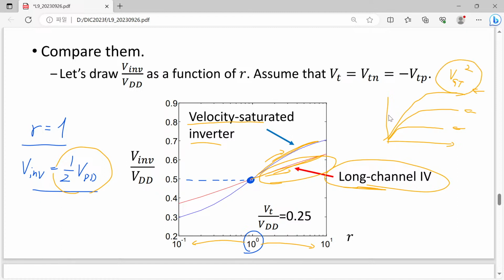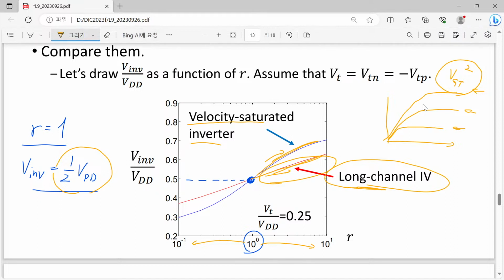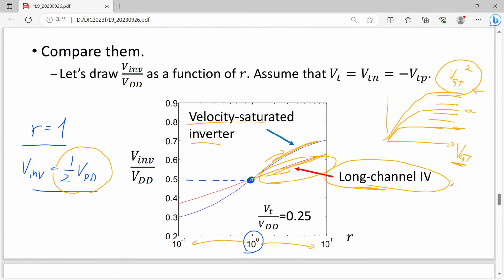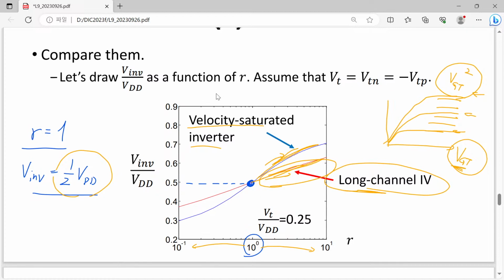And in the case of our short channel MOSFET, that difference was just constant, and they showed a relatively less steep increase of current. That's the reason why we have two different behaviors. Okay. So anyway, please think about this one.